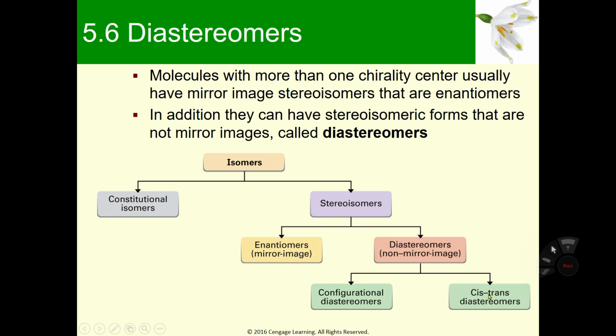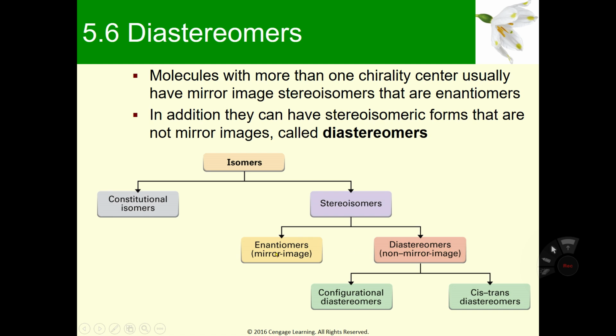But even though cis-trans isomers do not contain any chiral centers, people usually classify the cis-trans isomer as a kind of diastereomer, right? So diastereomers include the traditional concept of configurational diastereomers and also cis-trans isomers, right? Some people classify these cis-trans isomers as geometric isomers, but in organic chemistry, people usually classify isomers into constitutional and stereoisomers, and the stereoisomers can be classified into two different kinds.